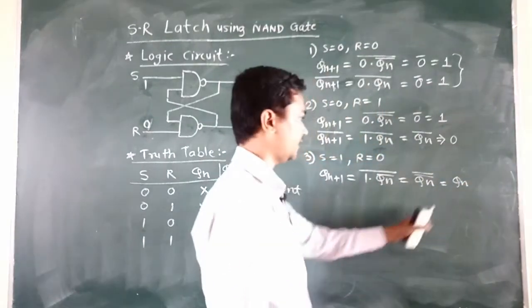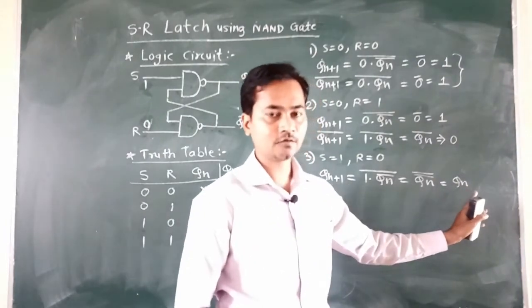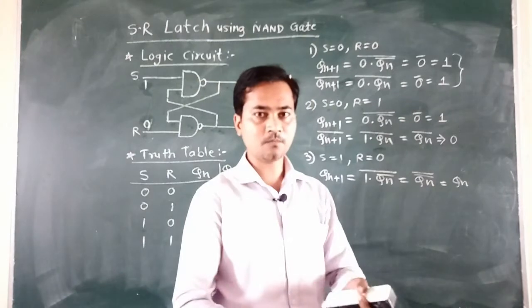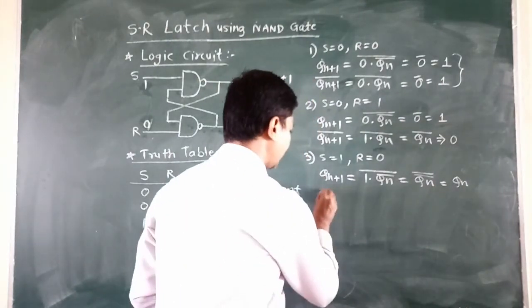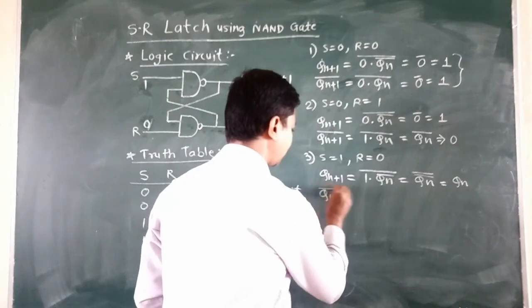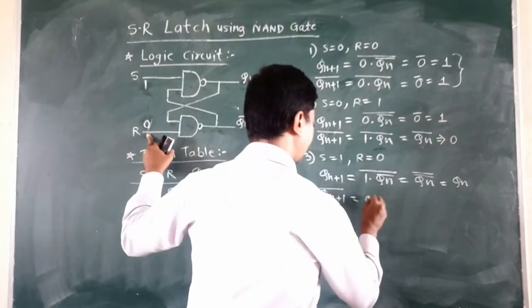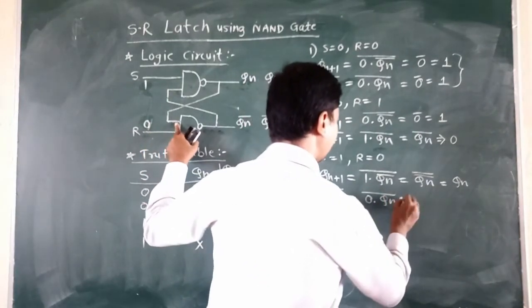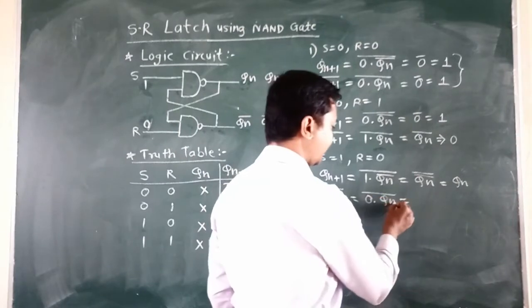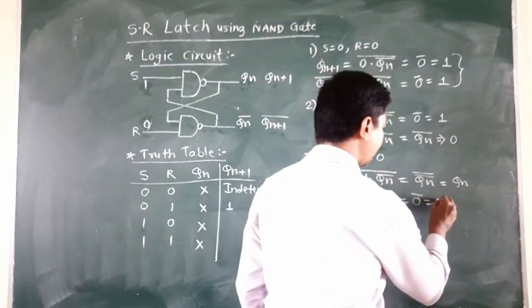Now in this case the exact value of Qn is not obtained, so here we will go for the complementary output, that is Qn plus 1 whole bar. Qn plus 1 whole bar is equal to 0 dot Qn whole bar. 0 dot A is 0, so 0 bar is equal to 1.